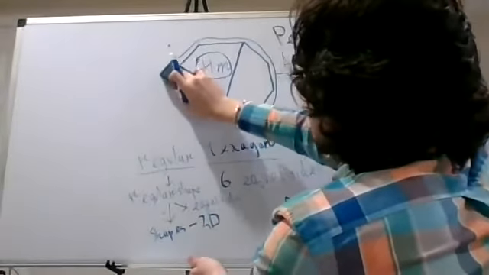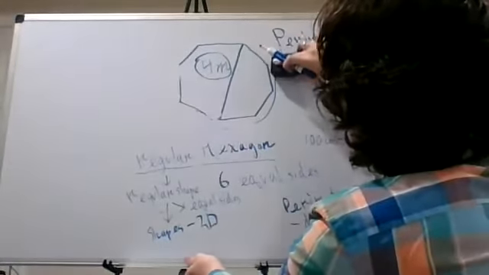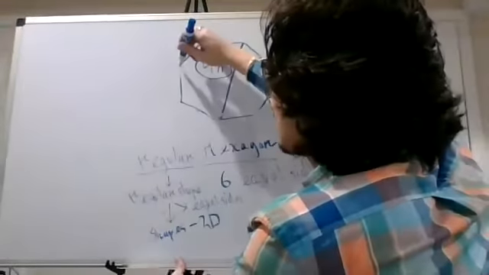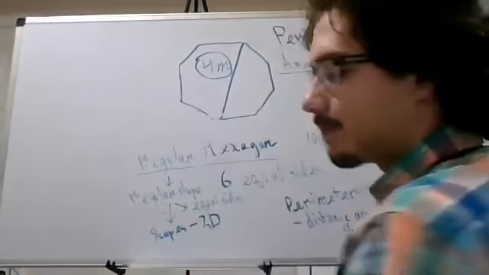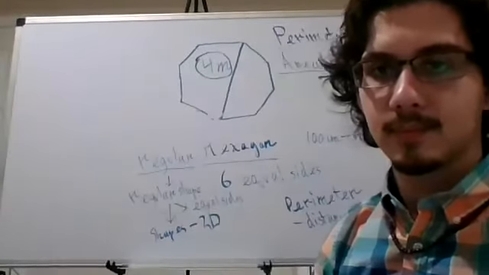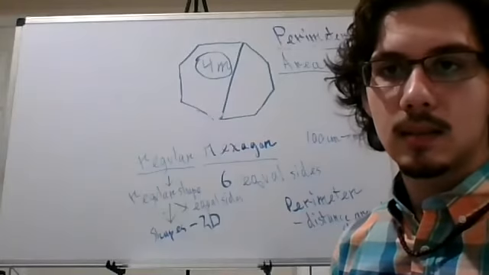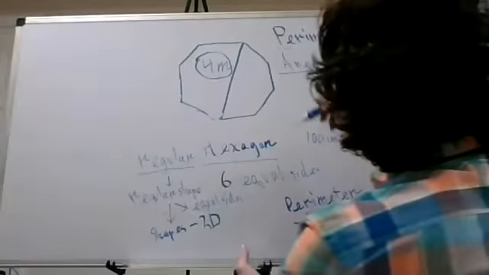So the other thing that the problem is asking for is area. Can anybody tell me what area is that I haven't called on so far? Area is the space occupied in a shape. Okay, yes.